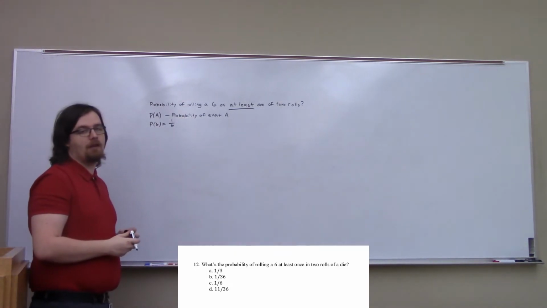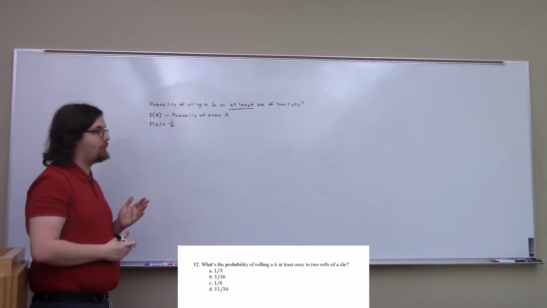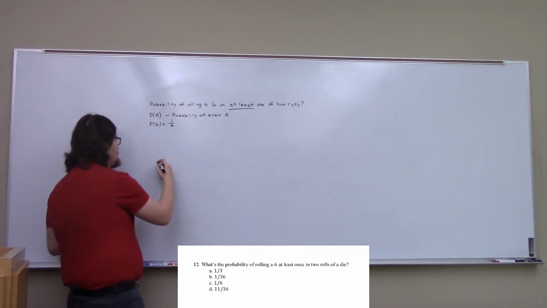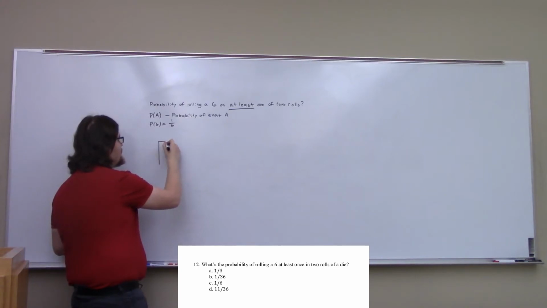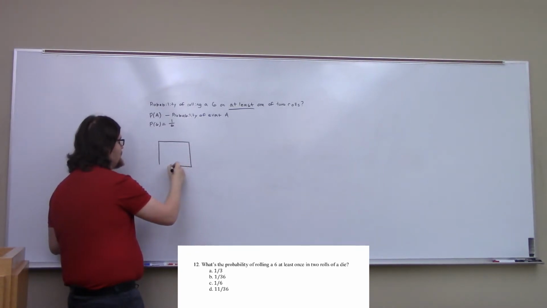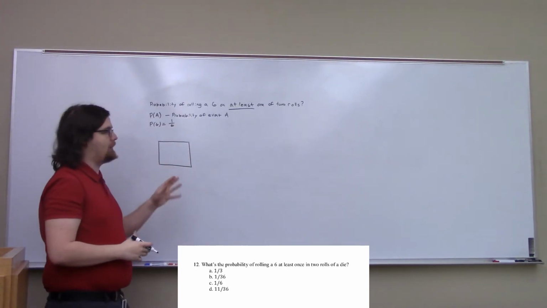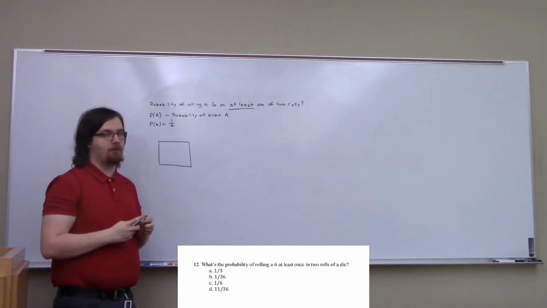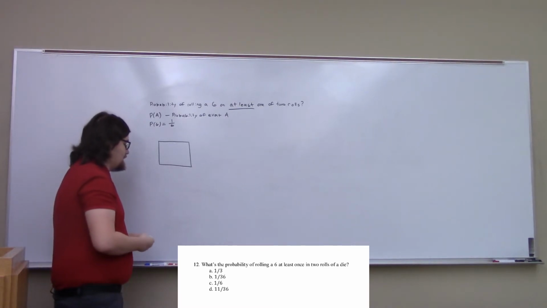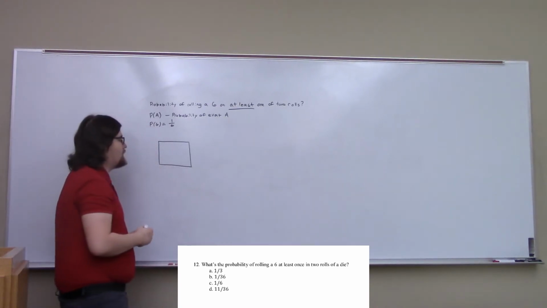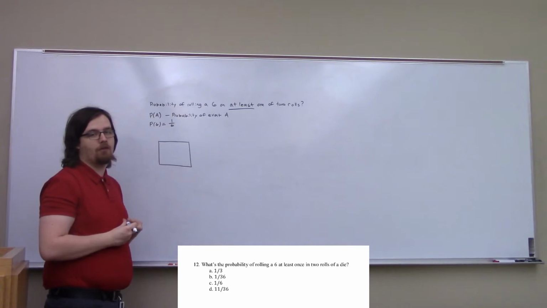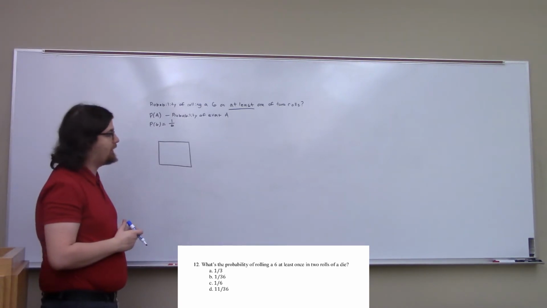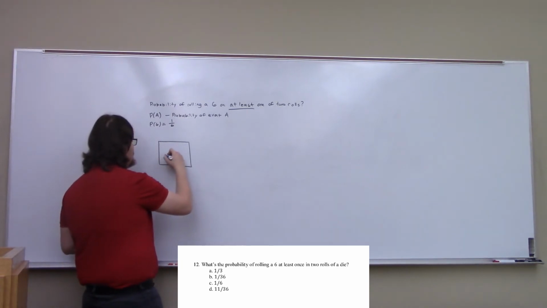To help us visualize this problem, we're next going to use something called a Venn diagram. If I draw a box here, we can say that this box represents the area of all possible outcomes that can happen. Next, I'm going to draw a circle. This circle represents the chance of rolling a 6 on my first die roll.